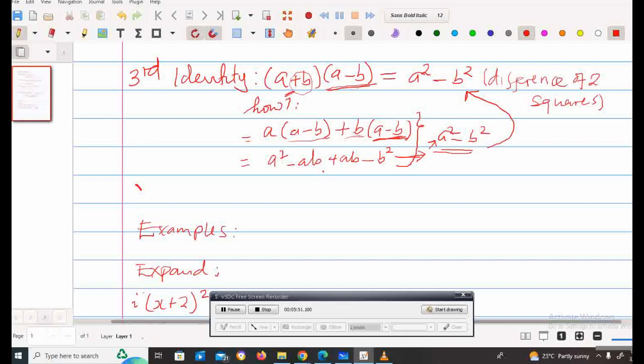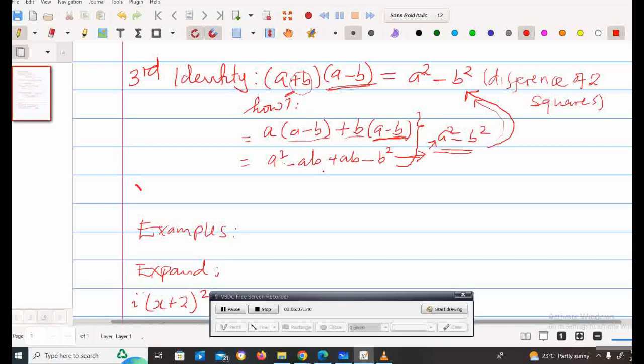Minus ab plus ab is 0, and we end up with a squared minus b squared. That's how we get the identity for a plus b into a minus b.